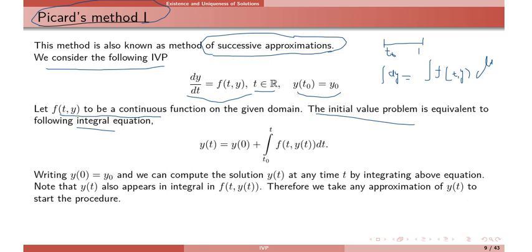So limits t naught to t, and on the left hand side, when t equals t naught, at the beginning, y will be y naught, and at t this is y at t.